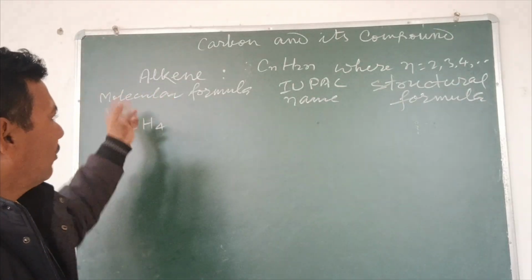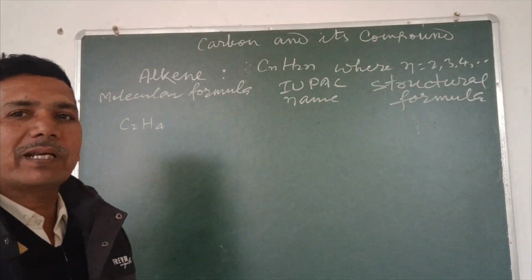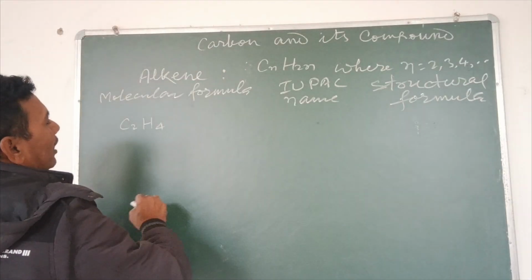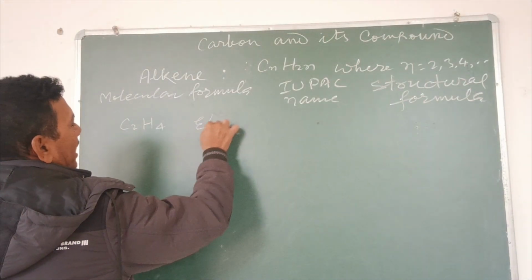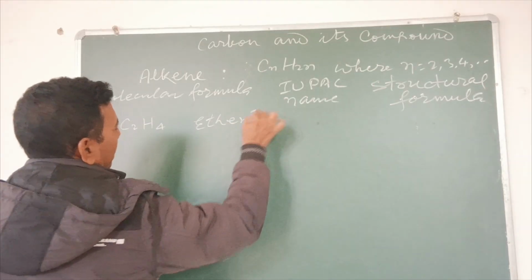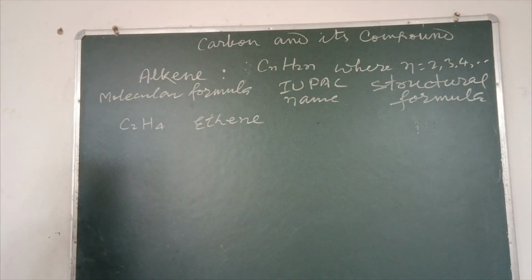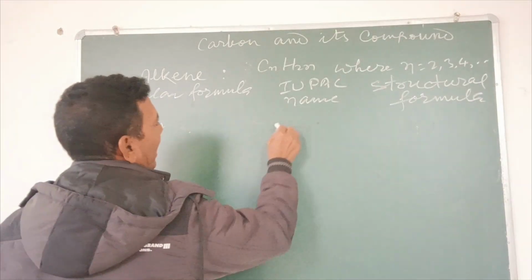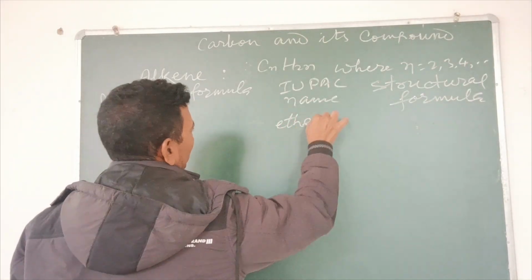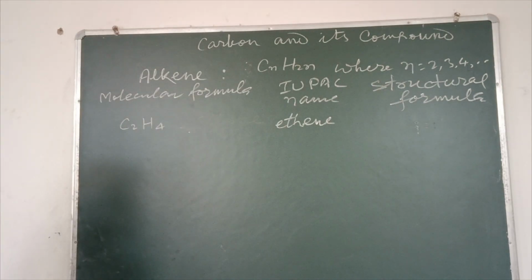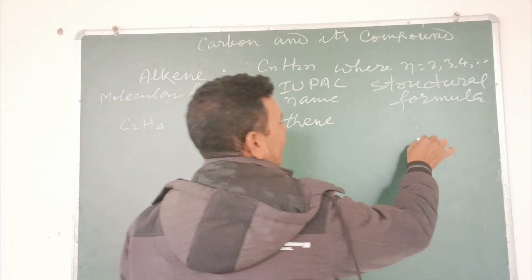Here, in the molecular formula, the number of carbon atoms is 2. So, in the group name alkene, alk will be replaced by eth, and the remaining spelling ene will be suffixed. Then, the IUPAC name is ethene.